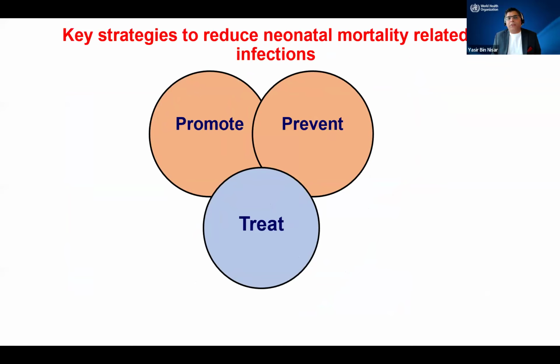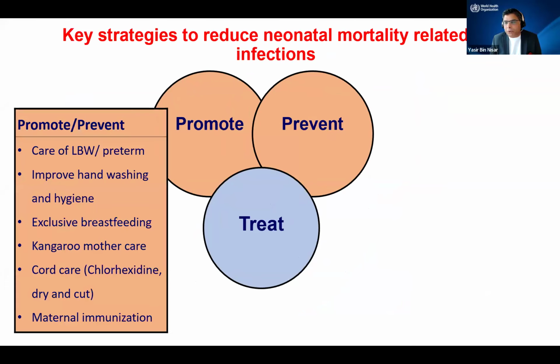So what are the strategies to prevent newborn mortality related to infections? WHO introduced interventions based on three thematic areas. The first two are promote and prevent. That means we need to adopt health promotion interventions and preventive measures to prevent infections in newborns. We all know that preterm or low birth weight babies are prone to infection, so they need extra care.